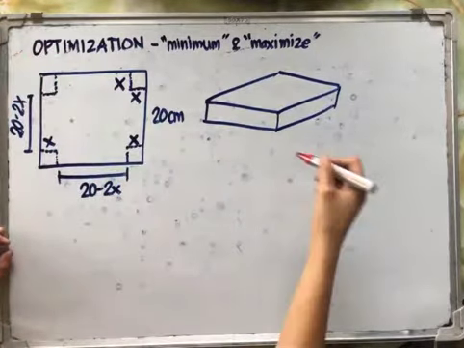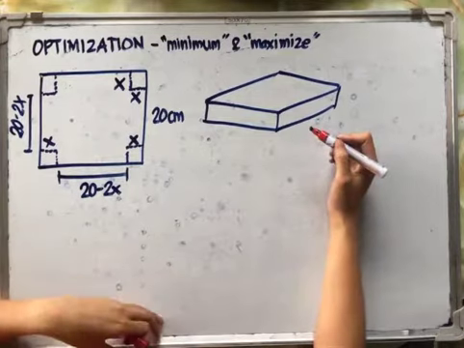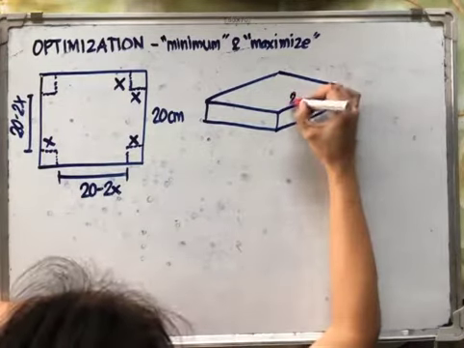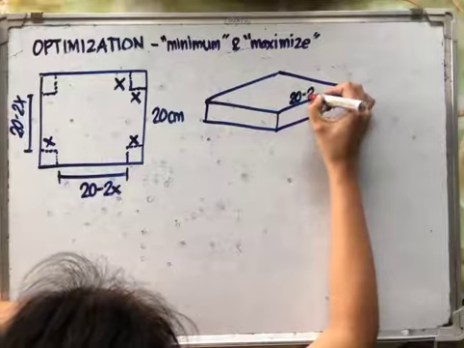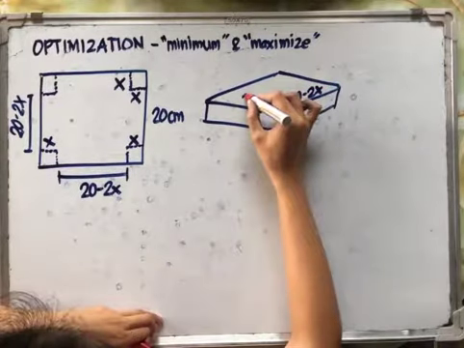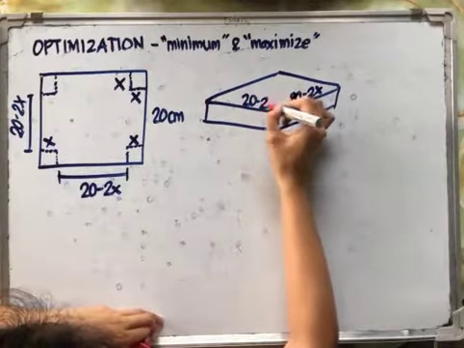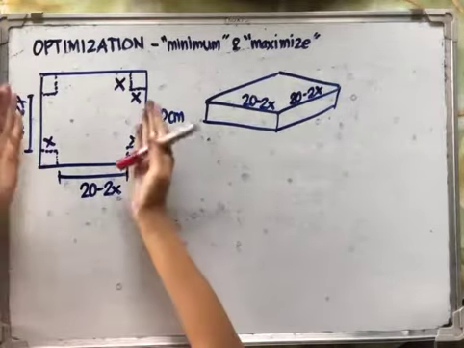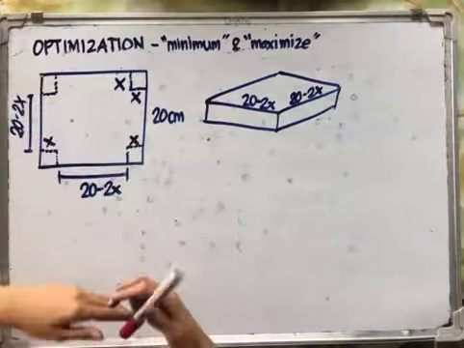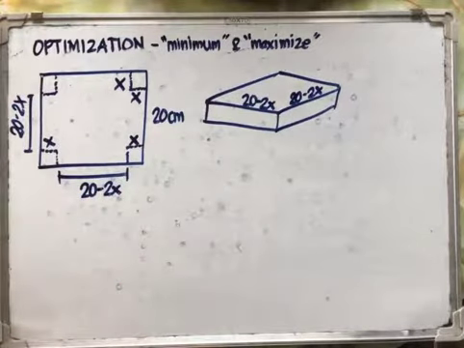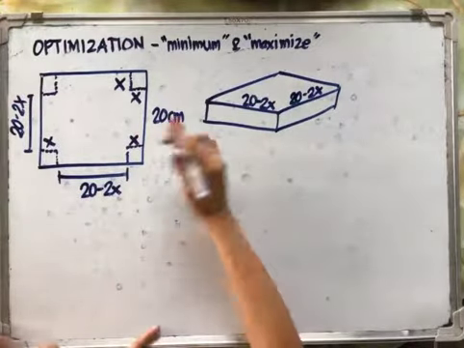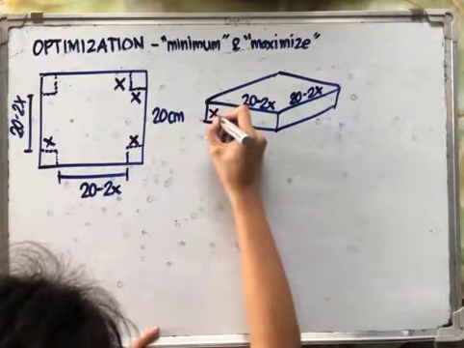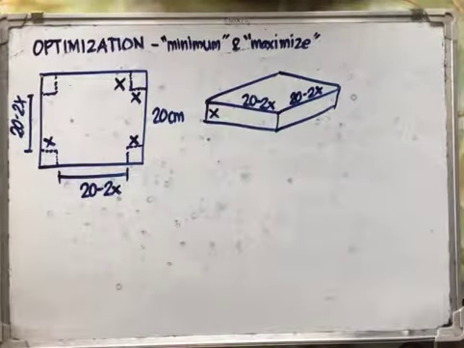So putting that here now, is it right to say that this side here is 20 minus 2X and this side here is 20 minus 2X as well? Tama, di ba? Kasi yan yung iaangat mong paganyan and that will serve as the length and width of your box. And the height of your box is X.